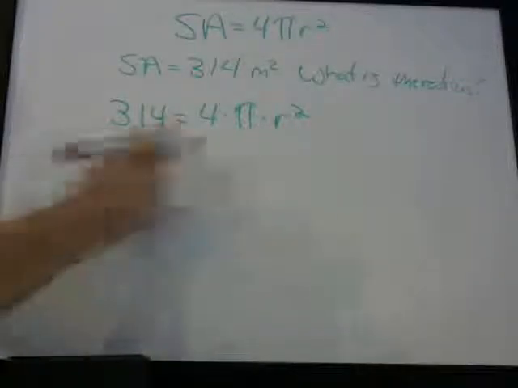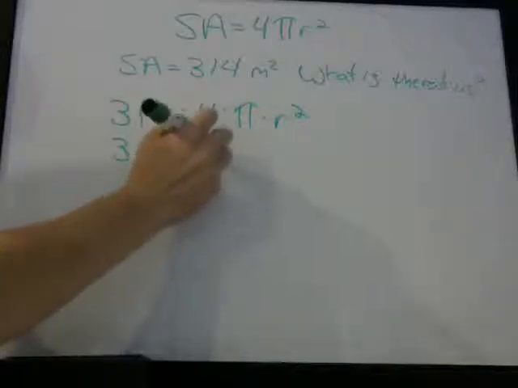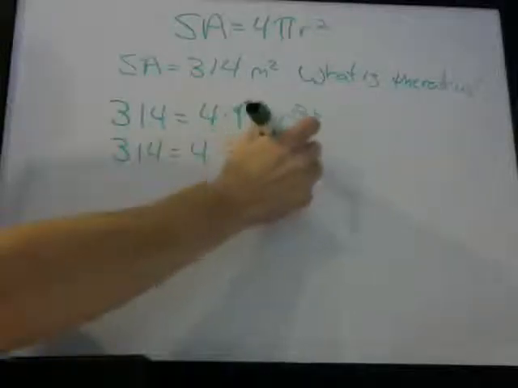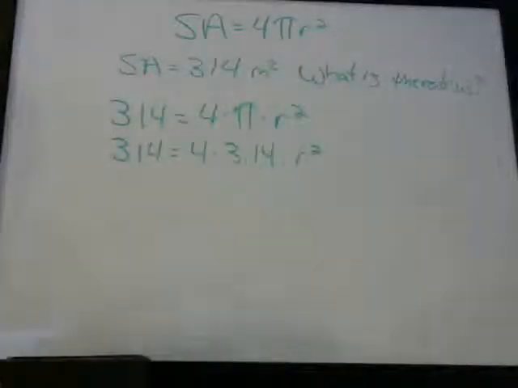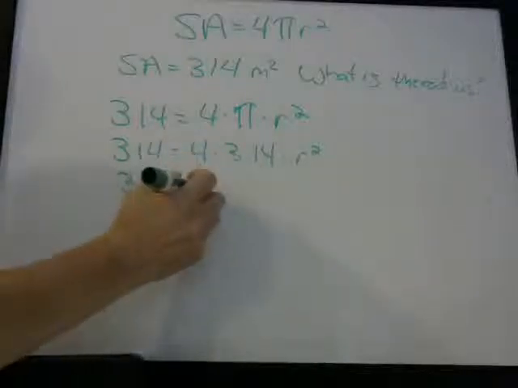So 314 equals 4 times 3.14 times r squared. Well, we can multiply these two numbers together. So we multiply 4 times 3.14.